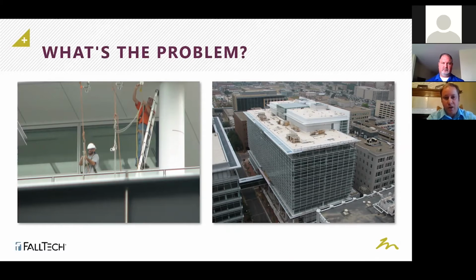And I put the picture there just so you can see the perspective of the height of this building and the hazard and risk that was there. And if you go to that left side of the picture, you'll notice this guy's putting up his rigging to clean the windows. And of course, it's for his bosun chair and it's his fall arrest rigging to do it safely. But yet he's got a ladder leaning against a round column on the corner of the building, well over 10 stories, 12 stories in height.